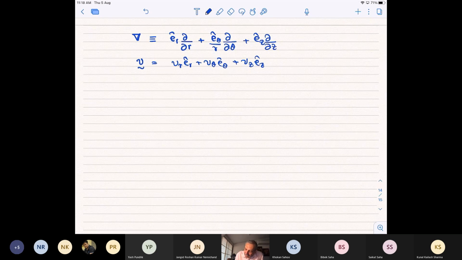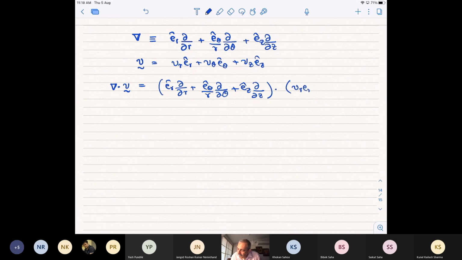Okay. And so what is the divergence of V equal to? Well, it is this dotted with... so now there are two things here.